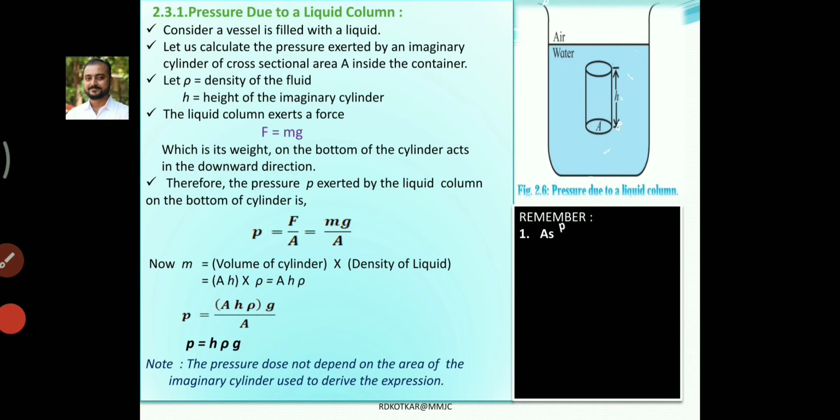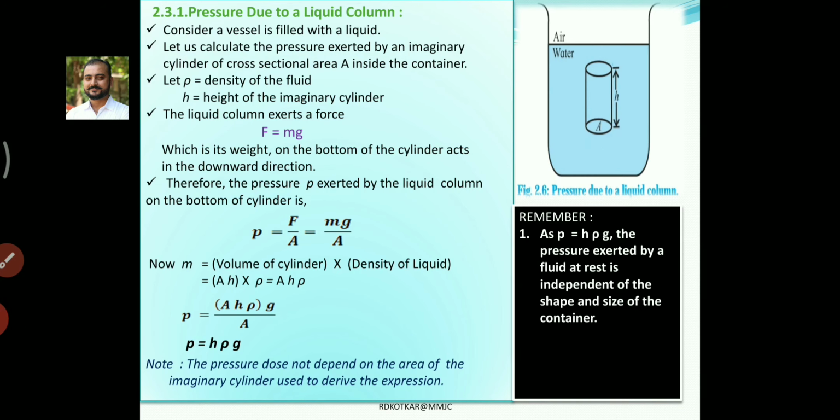Now remember, as P equals h into rho into g, the pressure exerted by a fluid at rest is independent of the shape and size of the container.